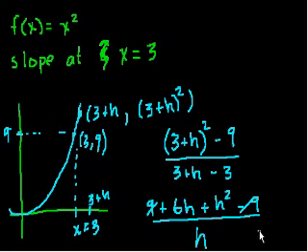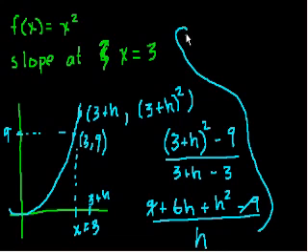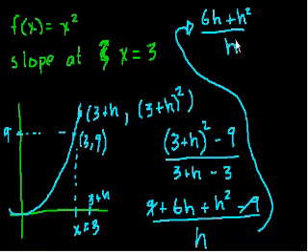So we're left with 6h plus h squared over h. Now we can simplify this, because we can divide the numerator and the denominator by h, and you get 6 plus h. So that's the slope between these 2 points: 6 plus h.